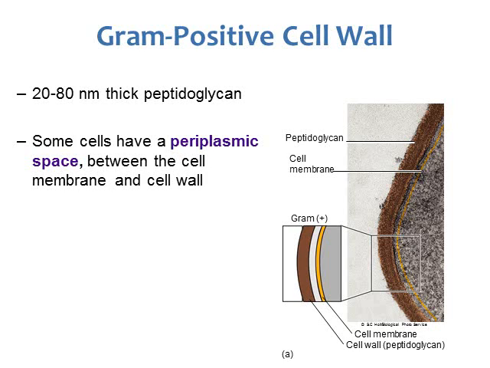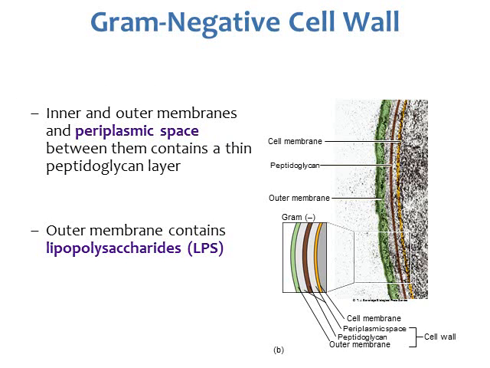In these gram-positive cell walls, some of these cells have that periplasmic space, and that's where you're going to find the periplasmic flagella. And that is between the cell membrane and the cell wall. So it's kind of this open space. You can have the periplasmic flagella, and then those bacteria cells can move by twisting. The gram-negative cell wall has an inner and outer cell membrane, and then their periplasmic space contains a really thin peptidoglycan layer.